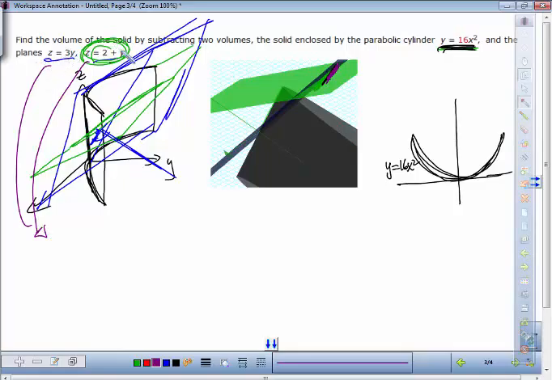We have z is equal to something and z is equal to something. So what if we set them equal to each other, like 3y is equal to 2 plus y. So what's y equal to? 1? Wow. So y is equal to 1 is going to be our intersection. And so we have a well-defined region now.